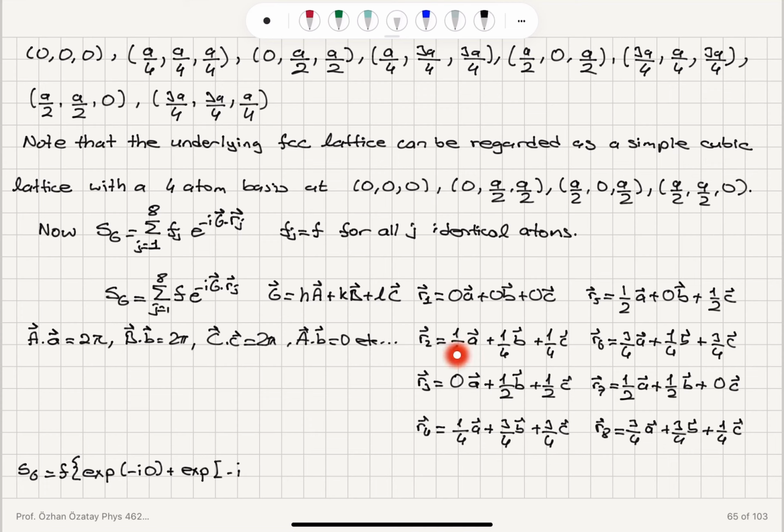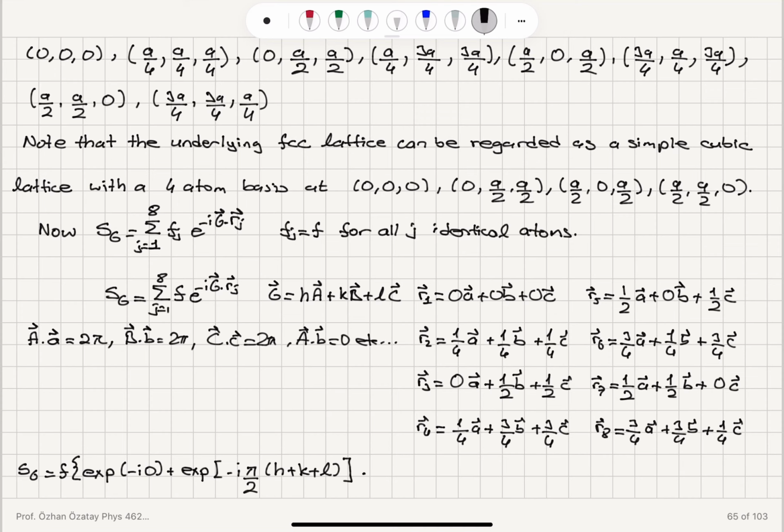So taking the dot product with hA plus kB plus lC, for example, from hA, 1/4 times 2 pi will give us pi over 2. So we will have e to the minus i pi over 2 times h plus k plus l, considering this dot product.